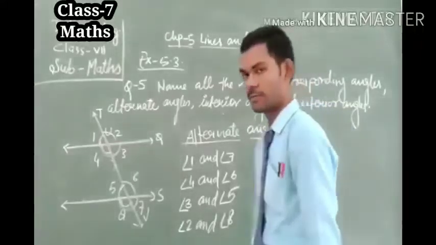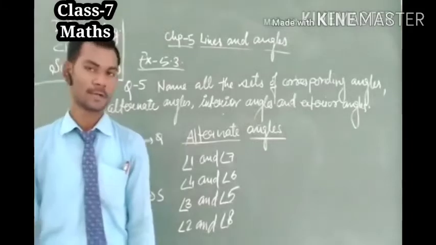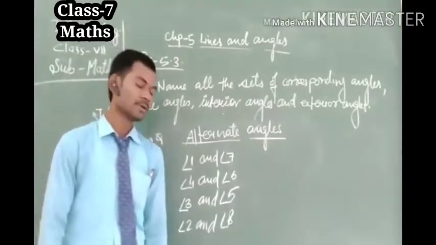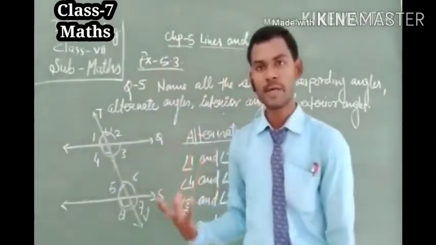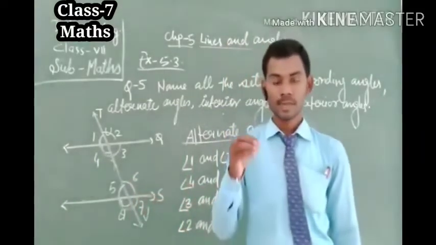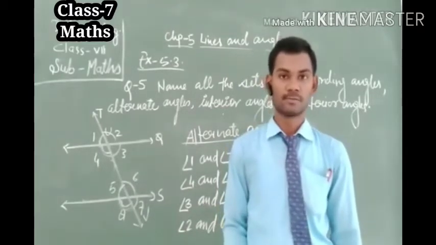These are the sets of alternate angles. I hope it is clear and there is no doubt. Whatever we are finding here, all are logical questions, and logic comes from the definition.